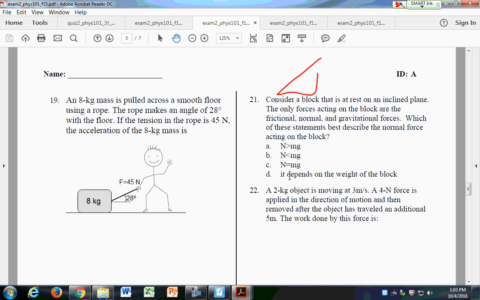In fact, if we think about our inclined plane, the normal force is in this direction, the weight is in this direction, and as we've been drawing our coordinate systems, my normal force is equal to the y component of the weight. That's Fw sine of, if this is 30, it'll be sine of 60.